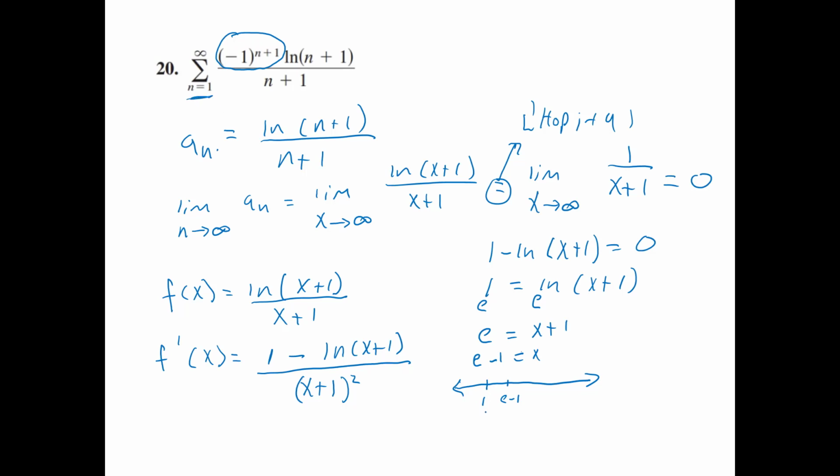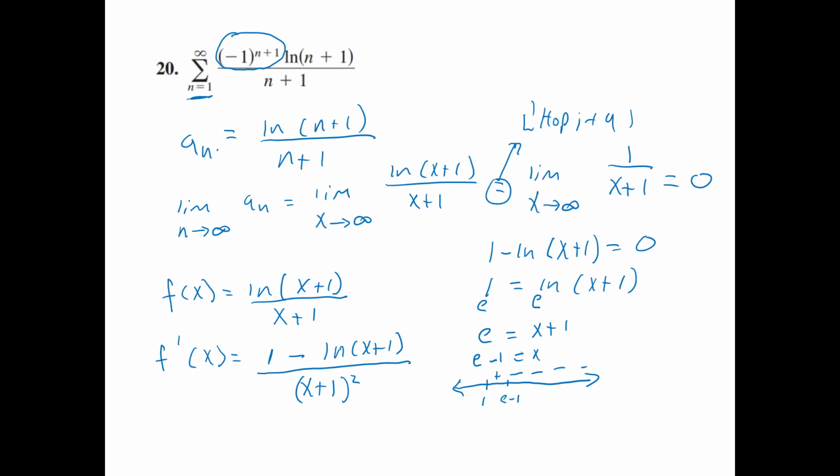So that's why I have this 1 here. And again, eventually, once we get past this number, the natural log is going to be bigger than 1. 1 minus that number is going to be a negative. And actually, right here, if you pick a number between 1 and e minus 1, you'll get a positive if you put it into here.